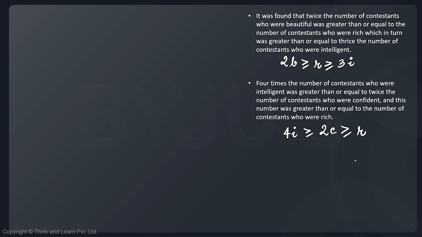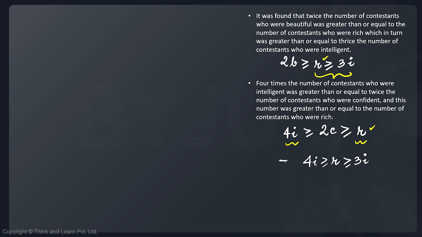Okay. So we have 2 inequalities, and if we pay a little attention, we will realize that R and I exist in both. And we have a common R here. So if we include both of these, can we say that 4I is greater than or equal to R and that R is greater than or equal to 3I?